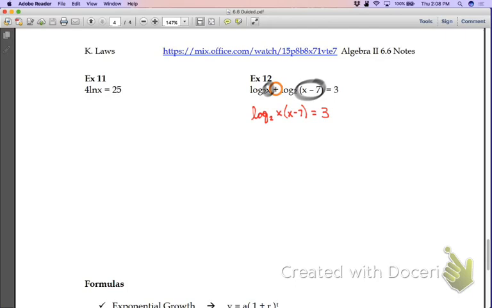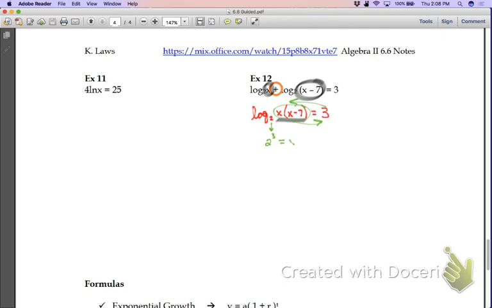Now, it's up to you whether you want to leave it like that, because it's really just going to get moved over to the other side anyway. If you want to leave it like that or multiply it, it's completely up to you. I have no issue, because what's going to happen? I'm going to turn this log into an exponential, and I'm going to have 2 to the 3rd power, because the 3 is going to come over, and then all of that's going to go to the other side.